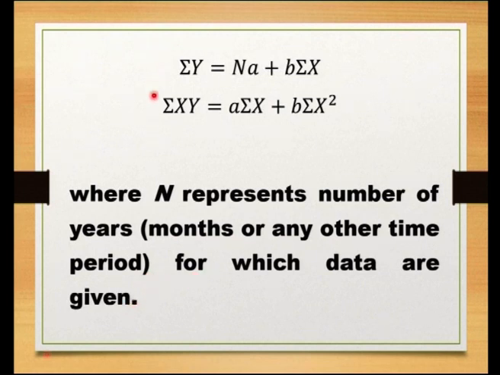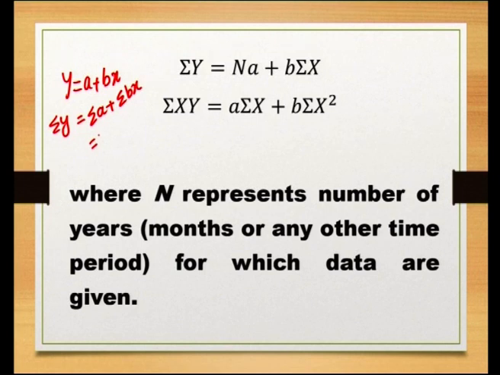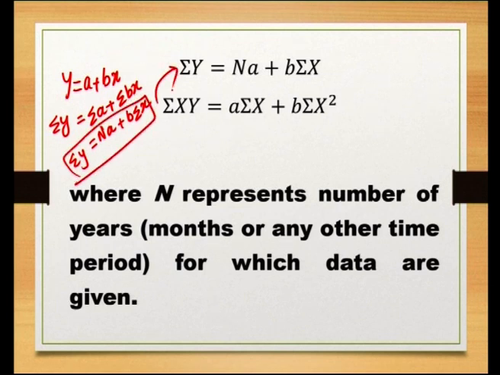Actually, these two equations are derived from the straight line trend equation a plus bx. First you take the summation as it is. So, summation y is equal to summation a plus summation bx. Summation a is nothing but n into a, because a is a constant added n times, plus b into summation x. We get the first equation.